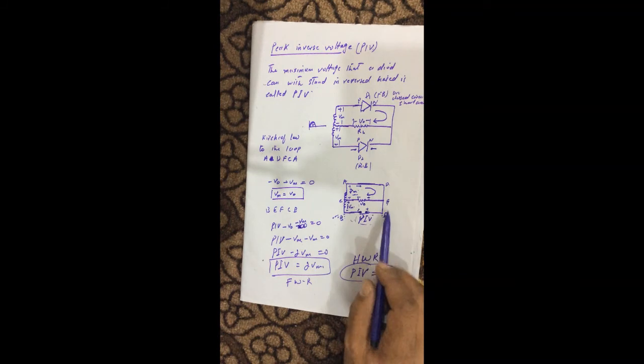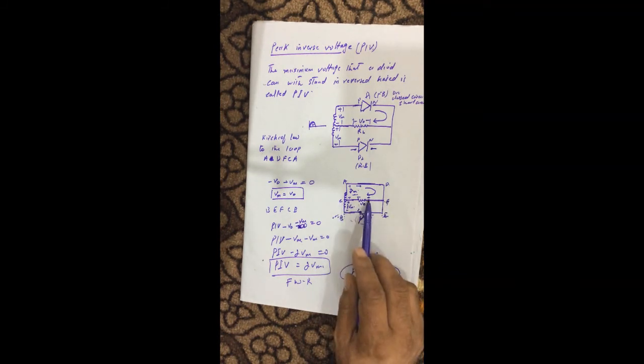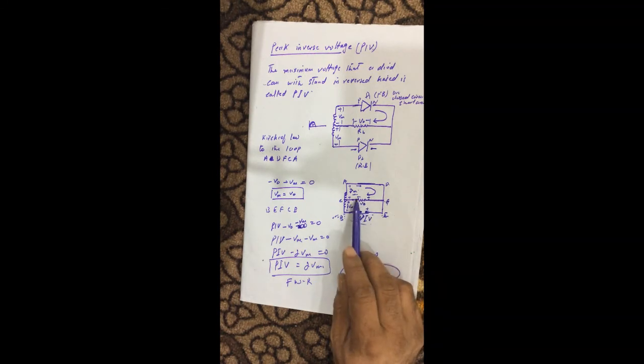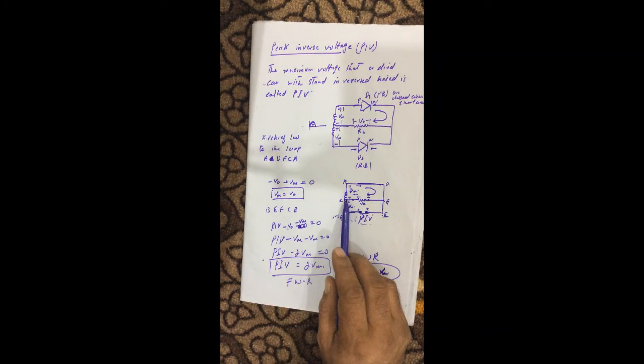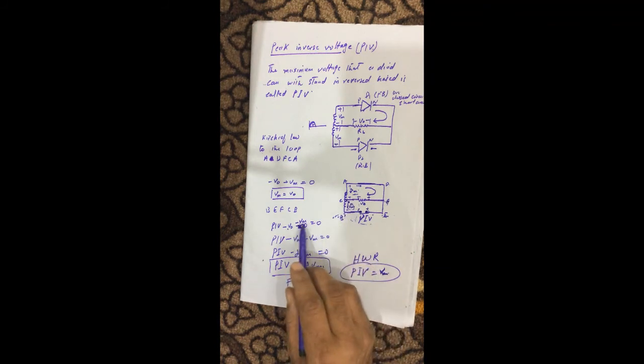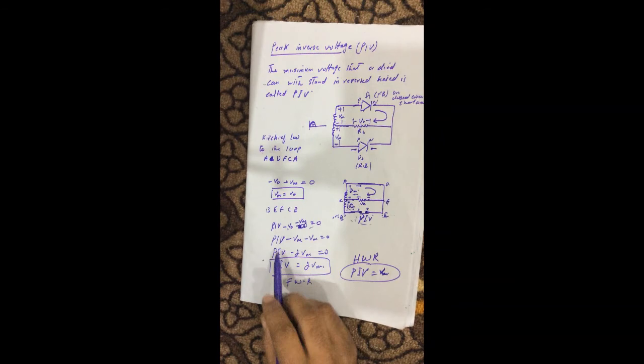Then from E to F, there is nothing else. If I am going from F to C, then I'm going from positive to negative, so this V0 value should be negative. And from C towards B, again going from positive to negative, so here we have Vm, which is negative, equal to 0.